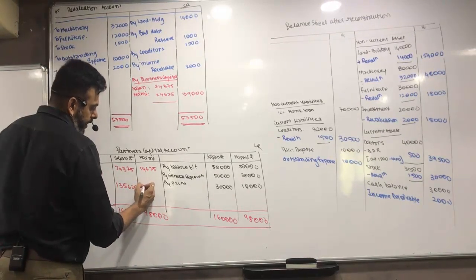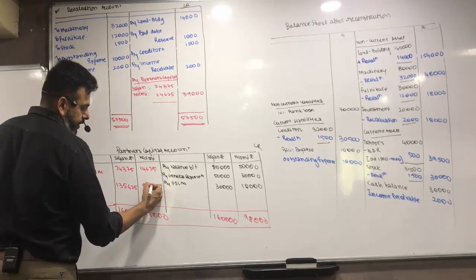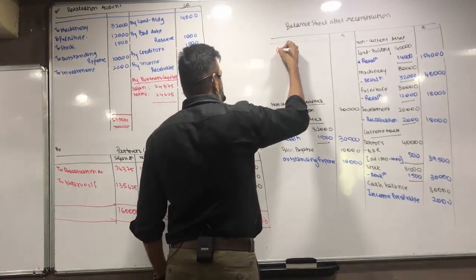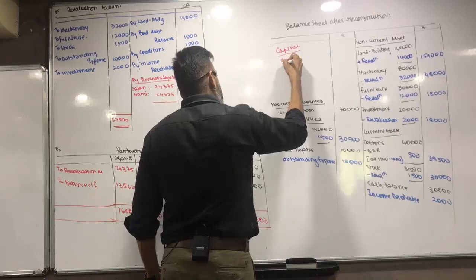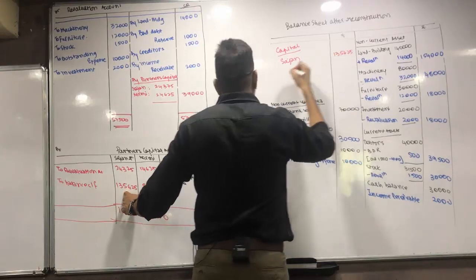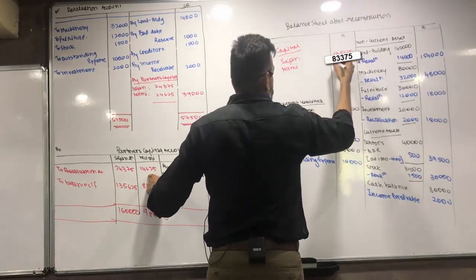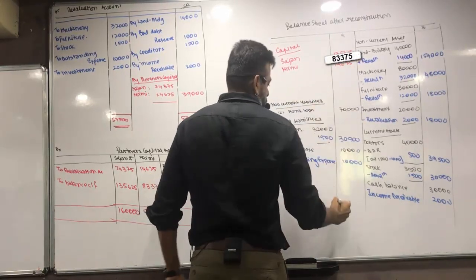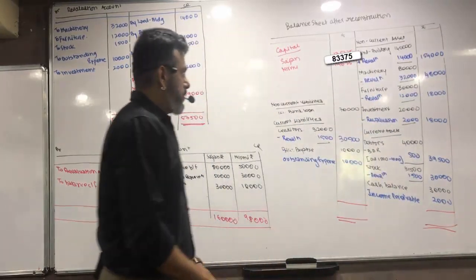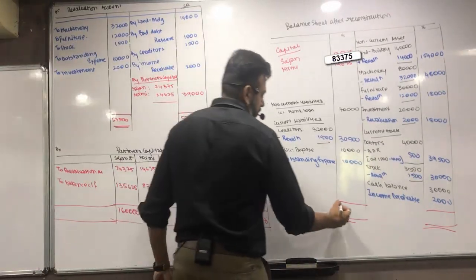One 135,625 and 83 transparent capital. Three.